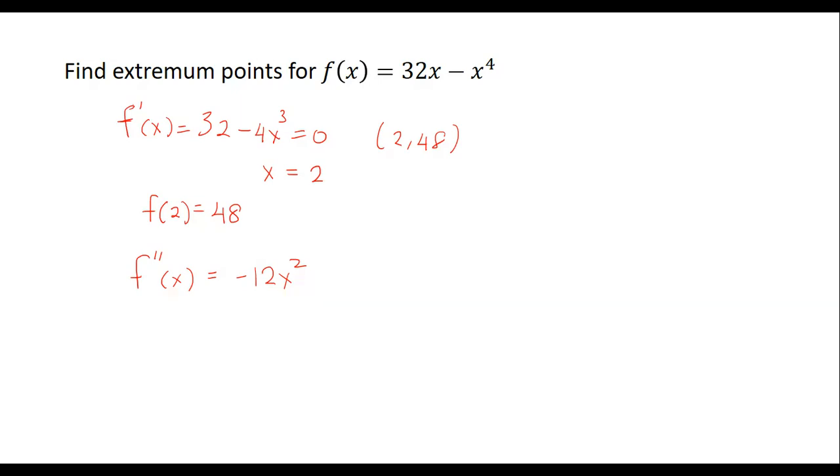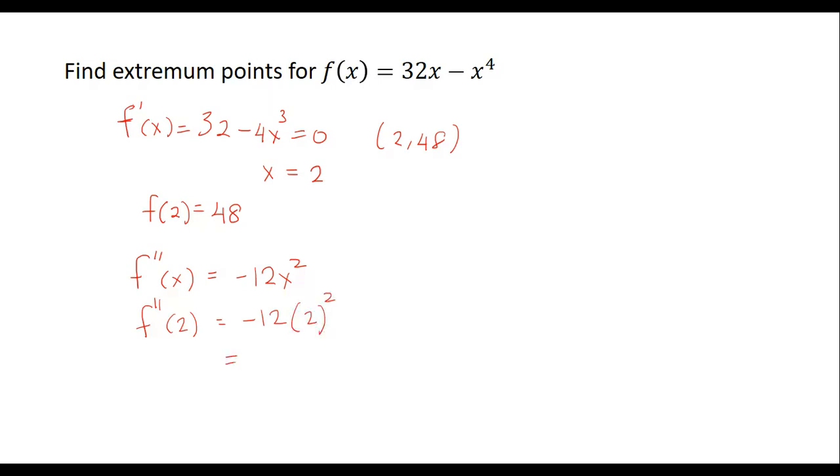In the earlier video, when you had the first derivative test, you put your critical value inside your f prime. Similarly, once you have f double prime, you put your critical value, which is 2, your x, inside your f double prime, and this is the value that you have.